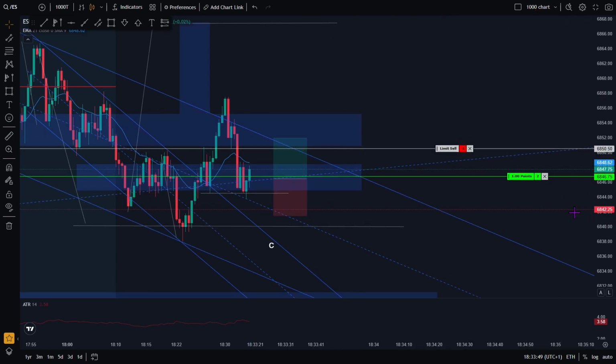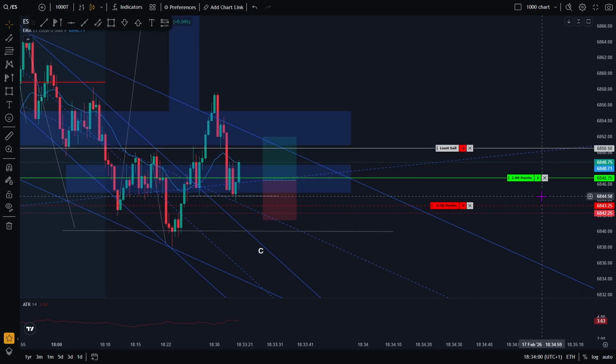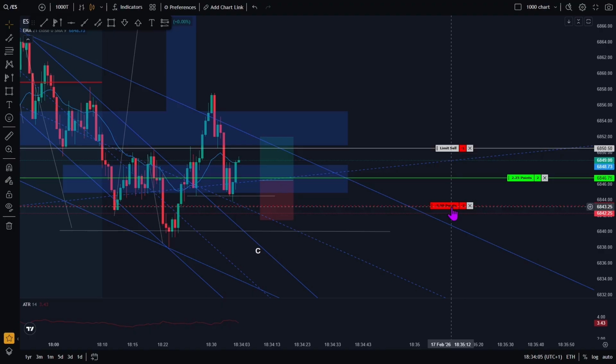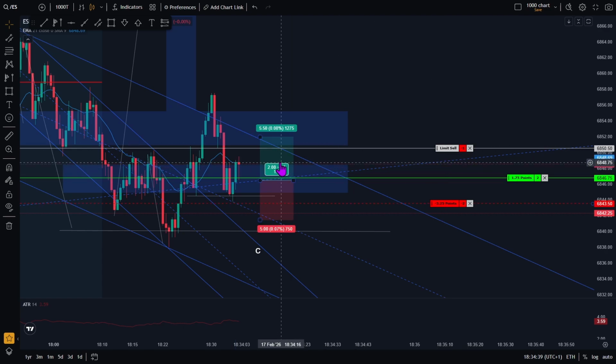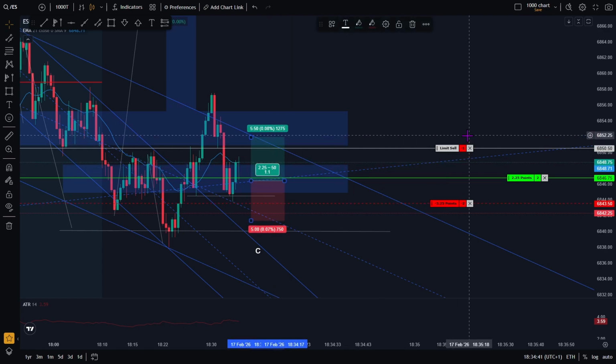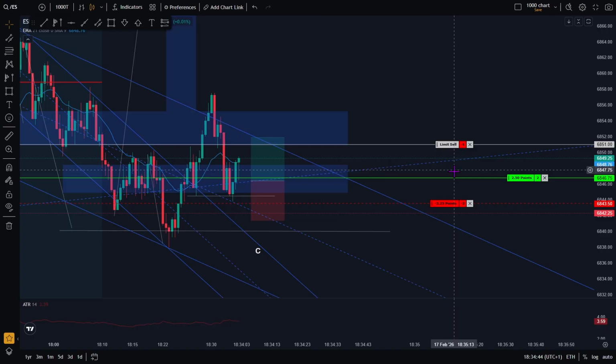We can go like this, and now we wait for retracement. So there might be a little bit of rotation here, but don't get fooled by that, because we have actually enough space above.